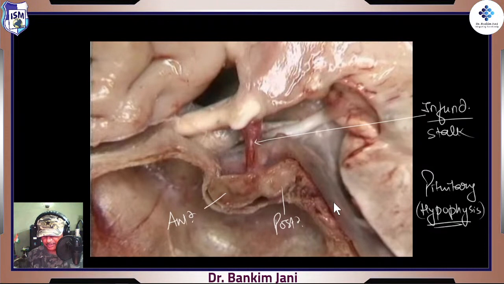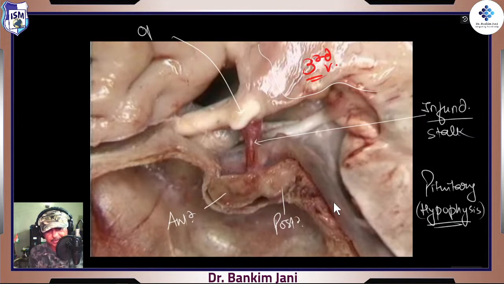And over here on the top, this entire area is what? That's the third ventricle, correct? And what is this white structure? This one is the optic chiasma, because this section is going right in the middle. So that's the infundibulum.